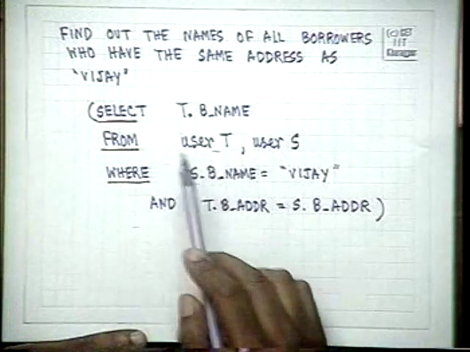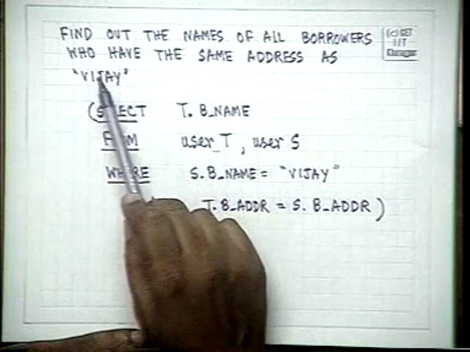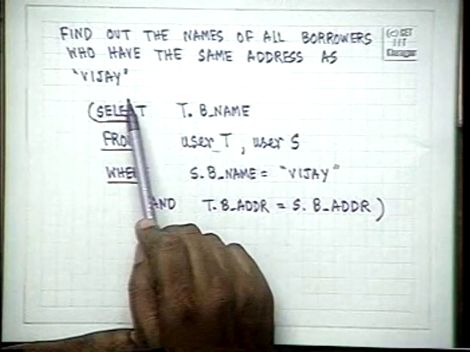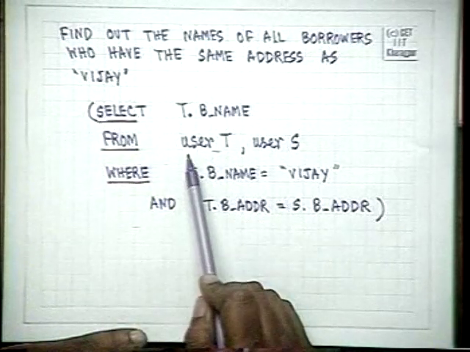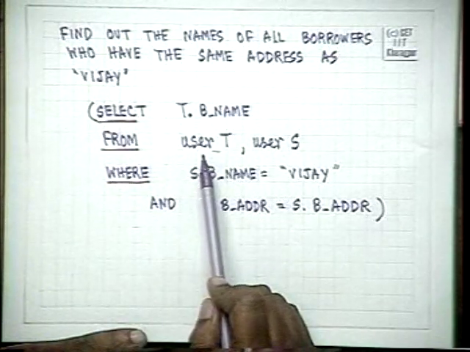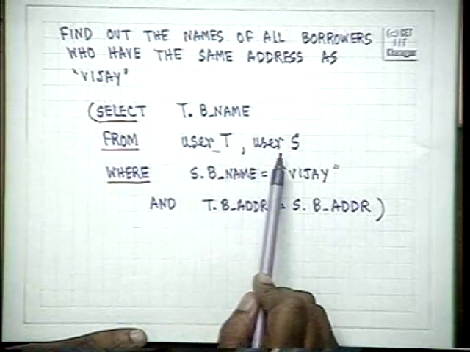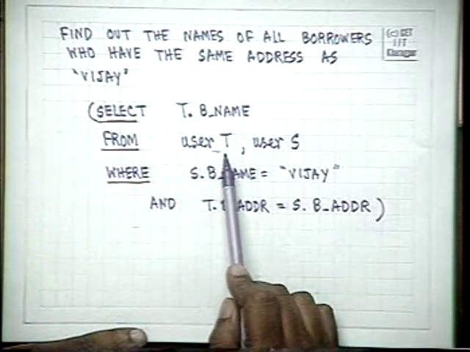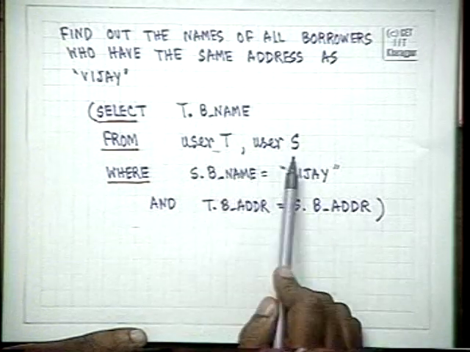We discussed the use of variables when we solve the problem: find out the names of all borrowers who have the same address as Vijay. The name and address of Vijay was available in the user relation. Now we have to use the user relation twice. So we do a Cartesian product of that, and to rename it, we use the tuple variables t and s.